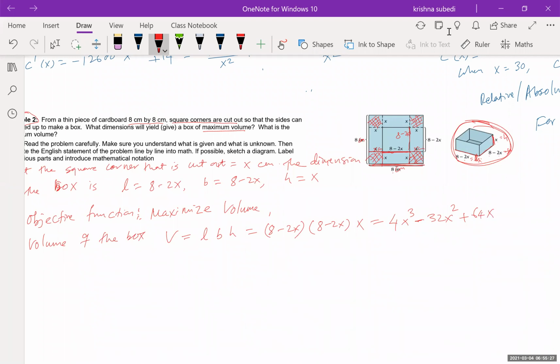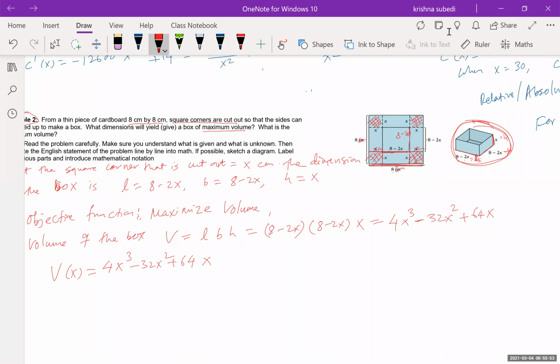So now the volume V, our objective function, is 4x cubed minus 32x square plus 64x. The good news is that this is just a function of one variable. Remember in the earlier case, in example 1, we had 2 variables, so we had to change y into x.